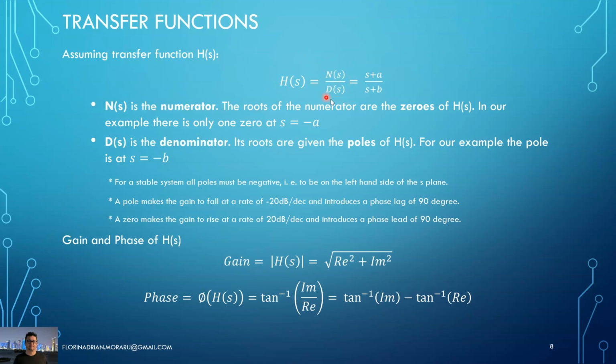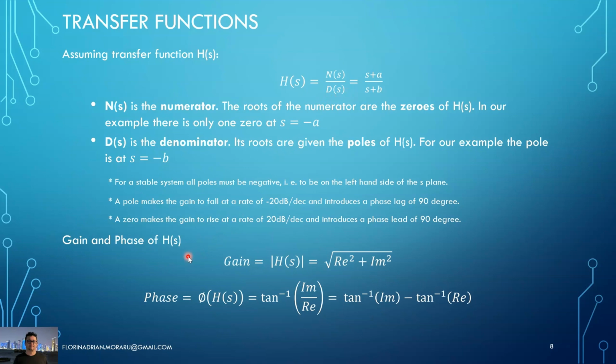It can be defined as a ratio of two polynomials, N(s) and D(s). N(s) is the numerator and its roots are called zeros, and D(s) is the denominator and its roots are called poles. So we will deal with poles and zeros in our AC analysis. Of course, we will use Bode plots to have the gain and phase characteristics.